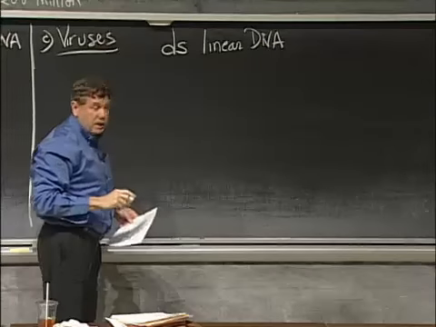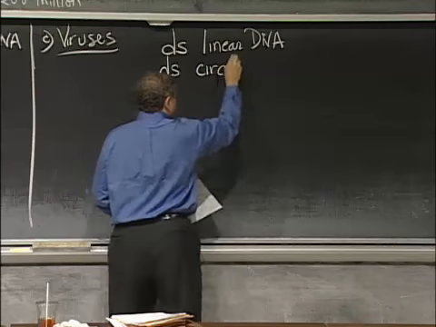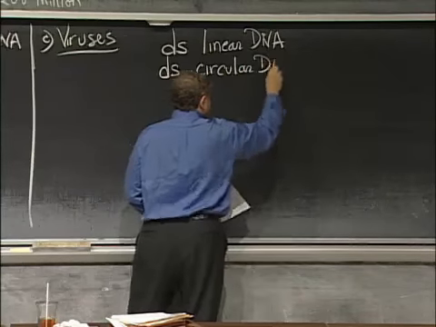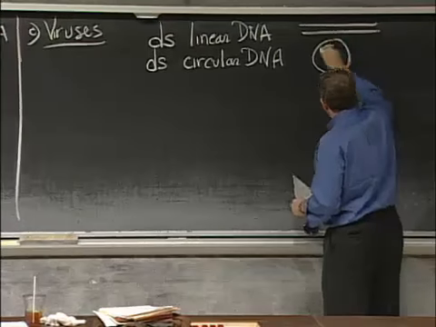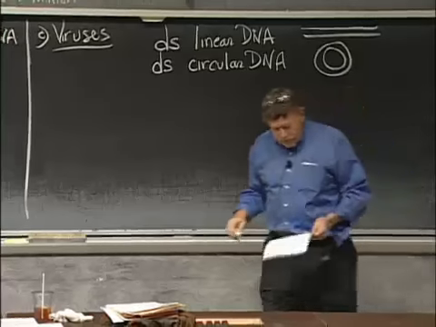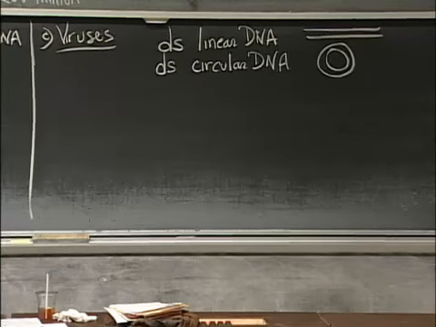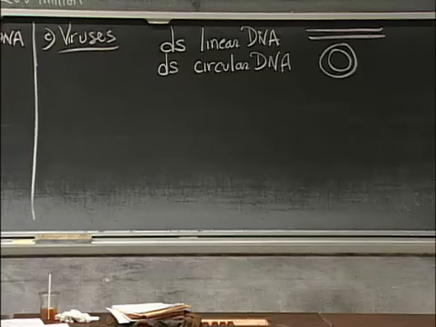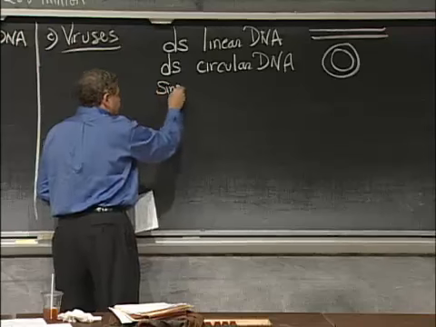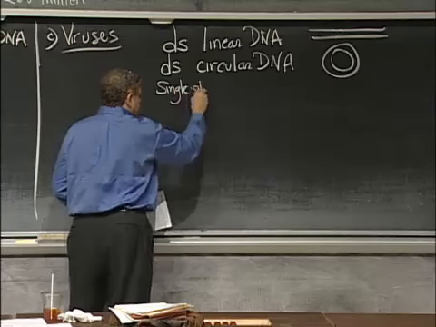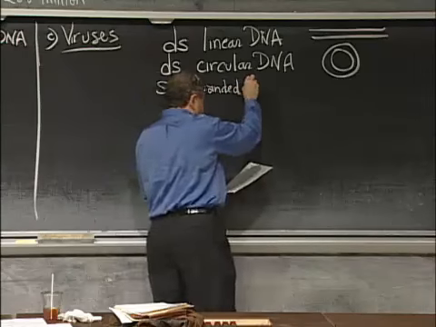Some viruses, though, have double-stranded circular DNA. So it turns out viruses can do either of those. It turns out they can do more than that. Some viruses have single-stranded circular DNA.